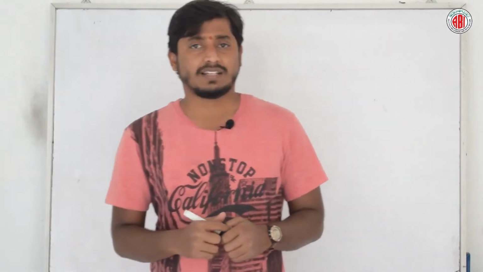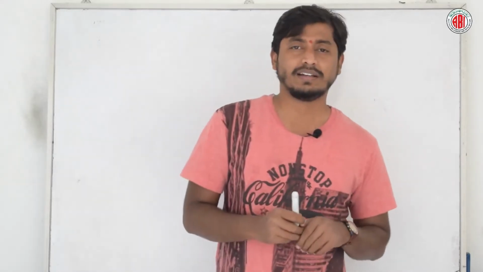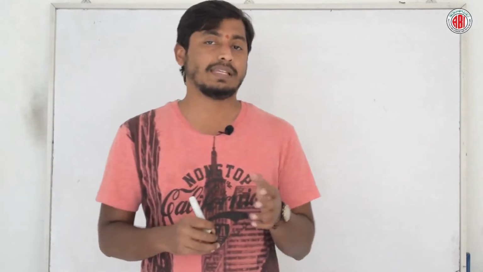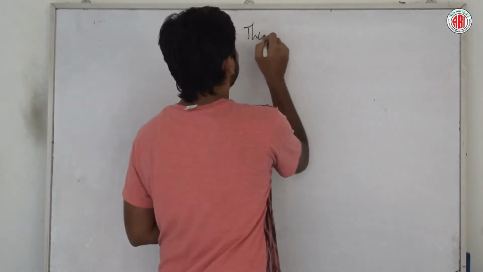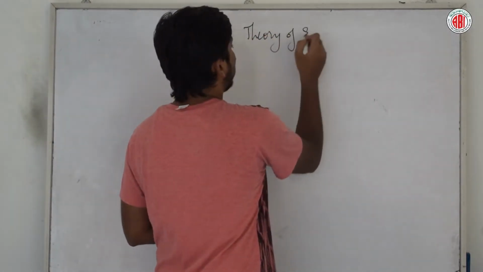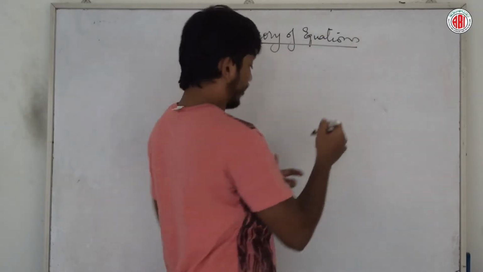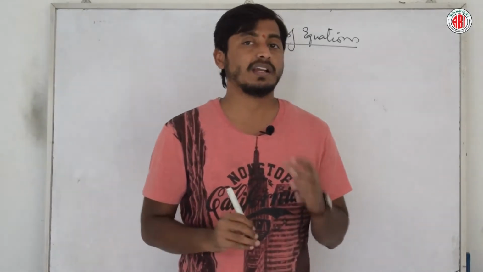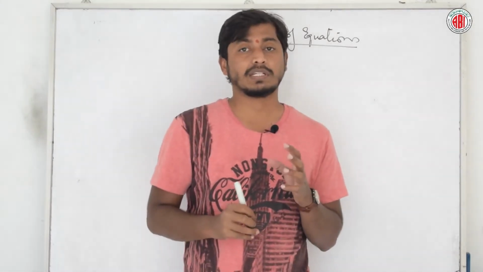We started our discussion with the basic chapters: complex numbers, de Moivre's theorem, and also quadratic equations, right? Continuing with these basic algebraic topics, we are going to start a new chapter, that is Theory of Equations. What do we mean by this chapter? In our algebra lessons, we started with how to solve and how to prepare an equation.